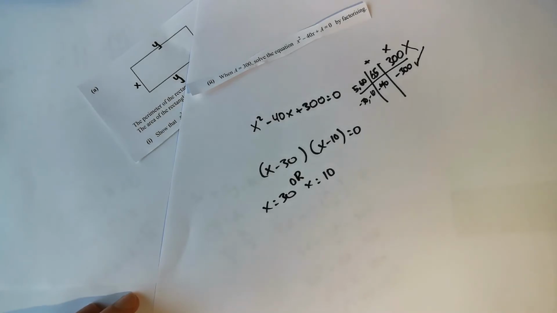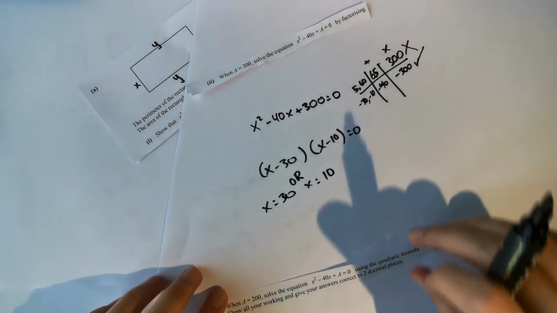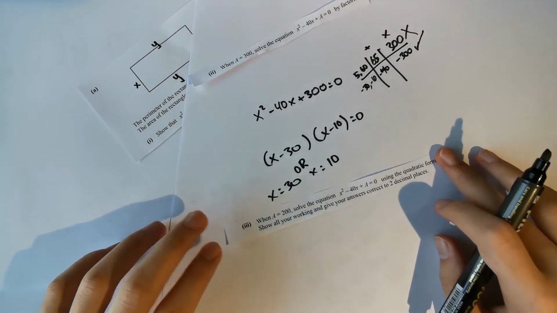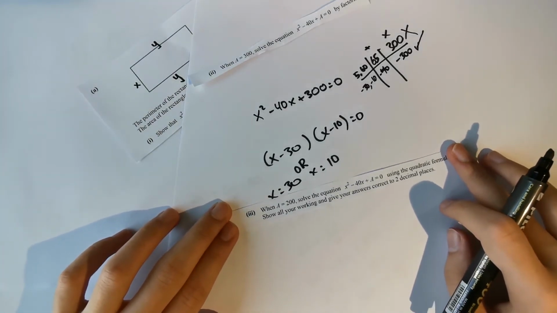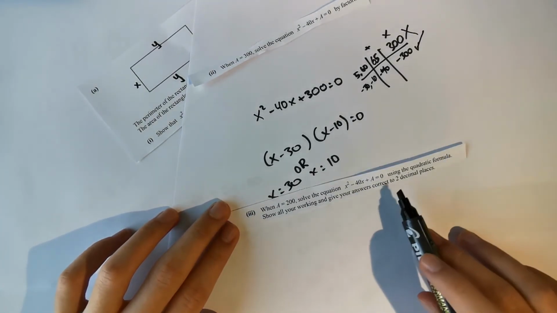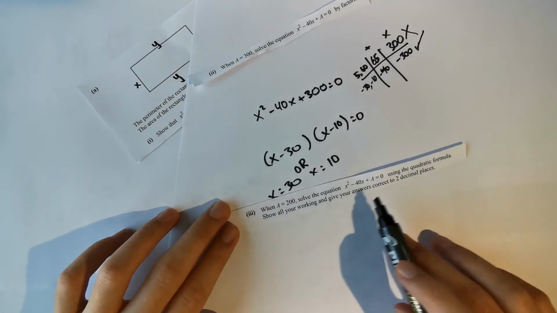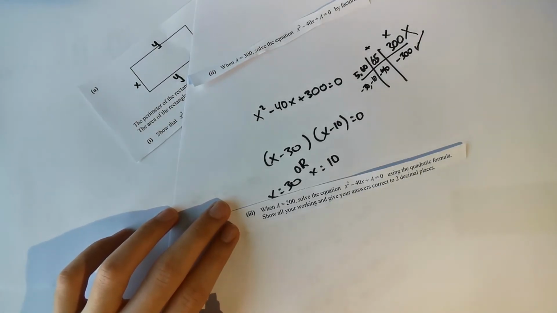Okay, now for the next question. When a is equal to 200, solve the equation using the quadratic formula, showing all your working and giving your answer correct to 2 decimal places.